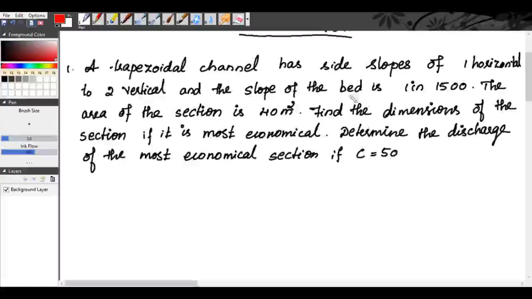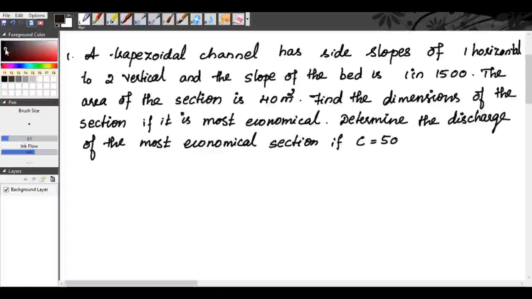So the first problem is, a trapezoidal channel has side slopes of 1 horizontal to 2 vertical. So we have a trapezoidal channel.